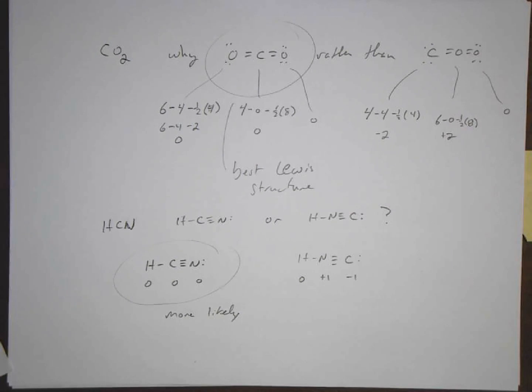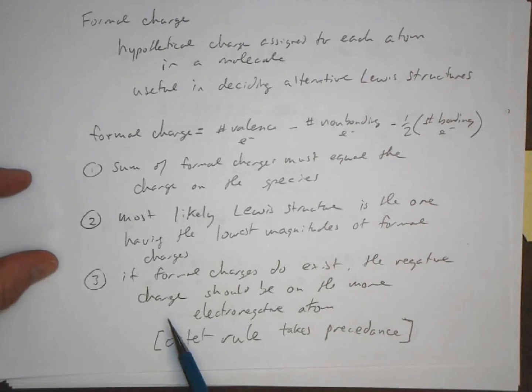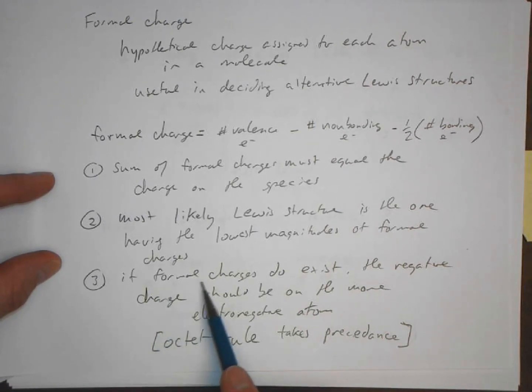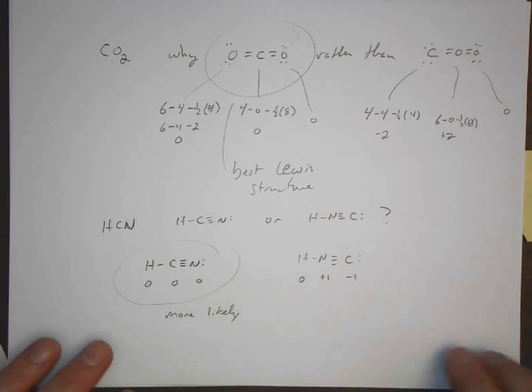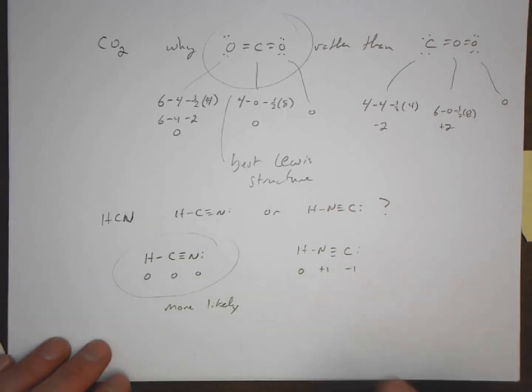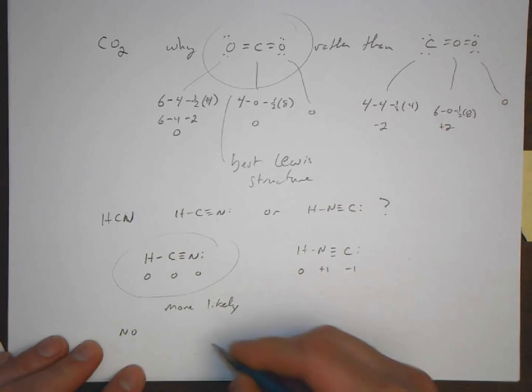You can also use formal charge to distinguish the distribution of electrons. For example, if formal charges do exist, the negative charge should be on the more electronegative atom. Let's look at the example here. As a final example, we have the NO molecule.